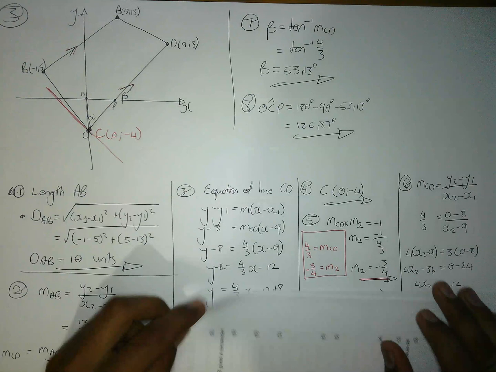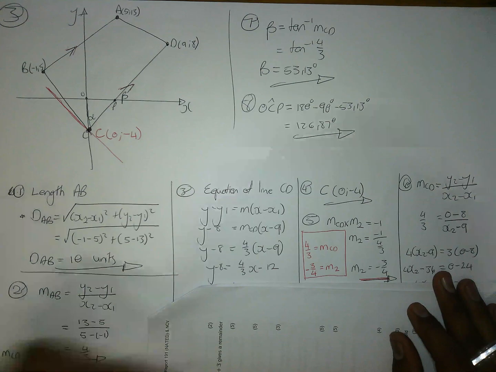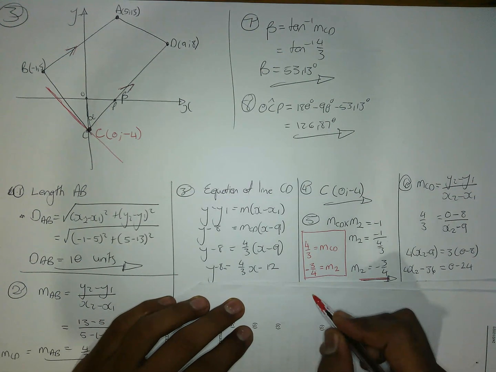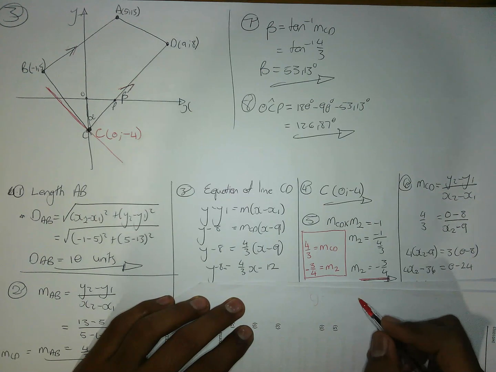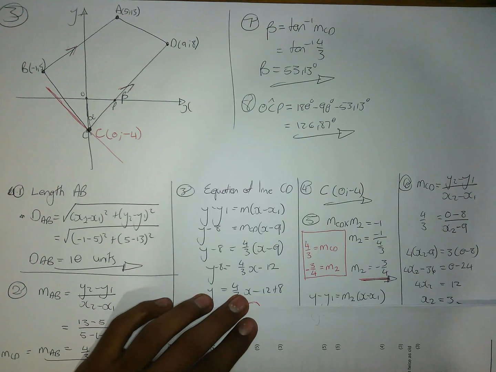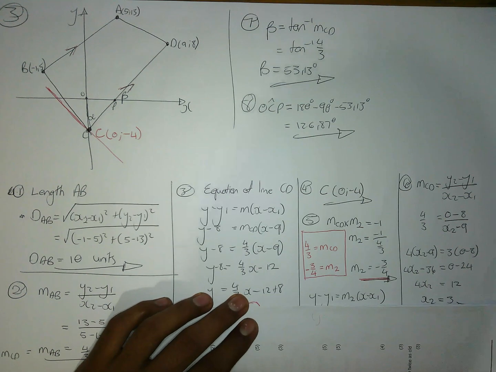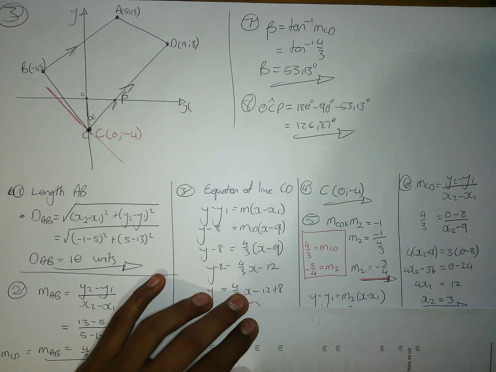So my next step is to put the formula down for the equation of a line. So I'm going to have y minus y1 equals m, for gradient, times x minus x1. I must put the gradient of the line I'm working with, which is this line here passing through coordinate C, perpendicular to line CD. That gradient's name is M2.